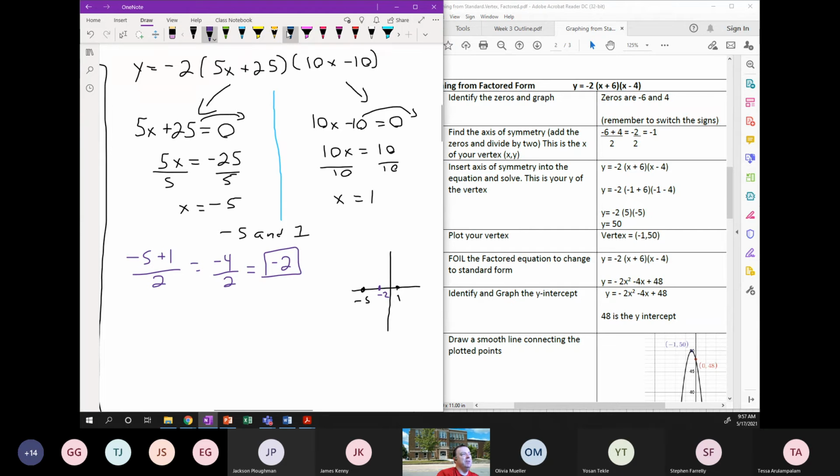Then we plug this into our equation. So let's graph my vertex here. It's -2 comma what? Now let's plug this into our equation. So we get y equals -2 bracket 5, oops, geez Louise, now I'm losing my head.